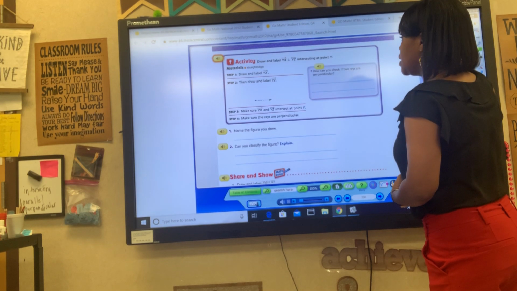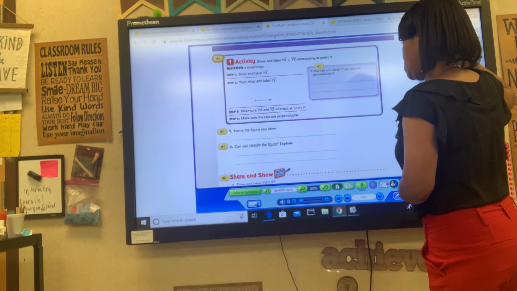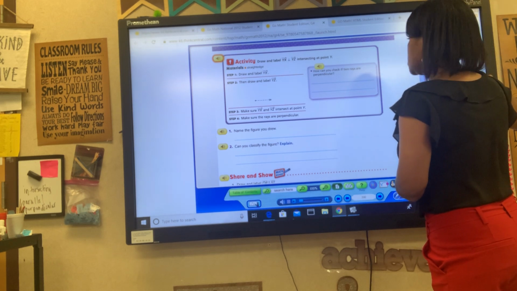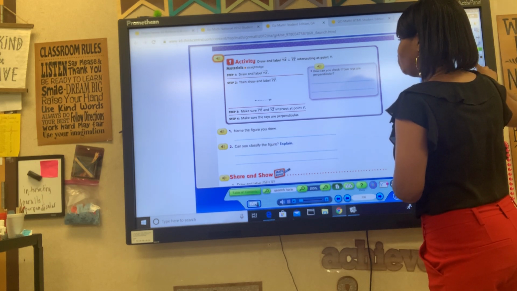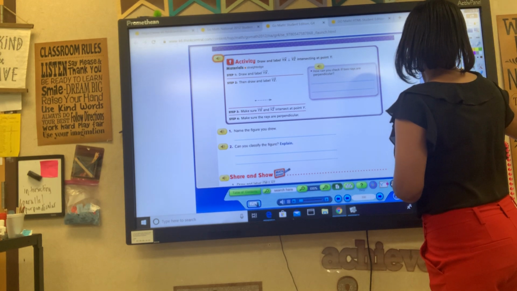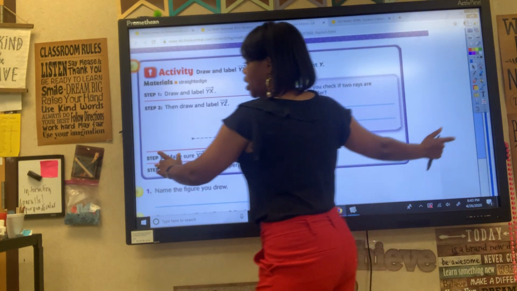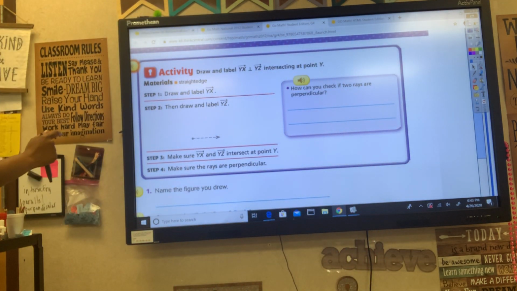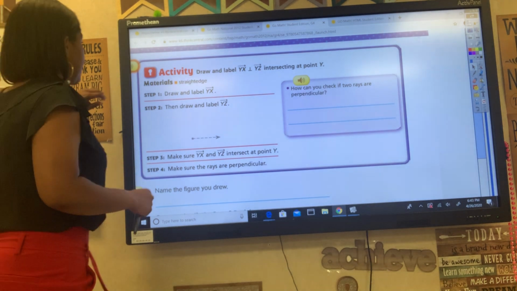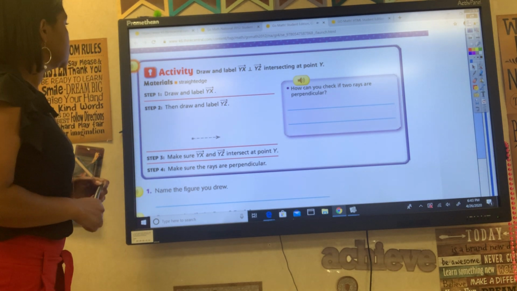Now let's take a look at the top of the next page. We're at the top of page 390. Activity.